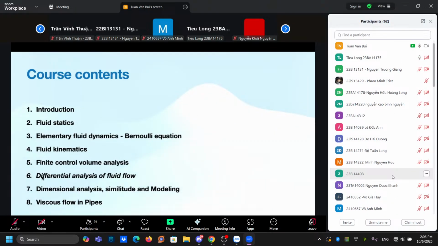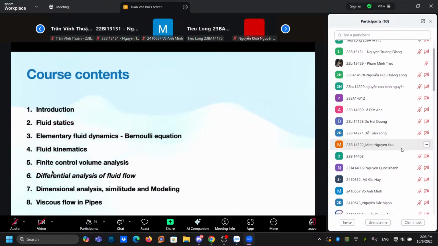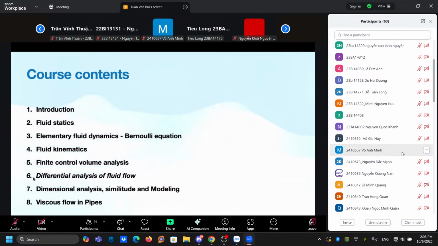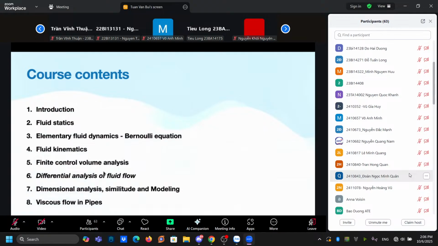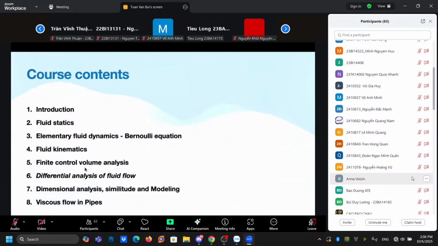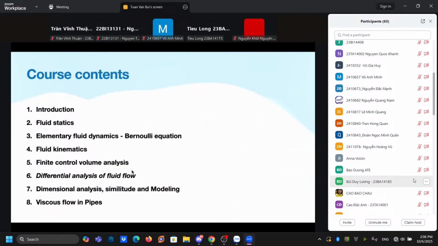For chapter 6, differential analysis of fluid flow, this is one of the most difficult ones, and I will give it at the end of the course. If we have enough time, we will have a quick look at this chapter. Otherwise, it will be, let's say, a reference for you to read at home.